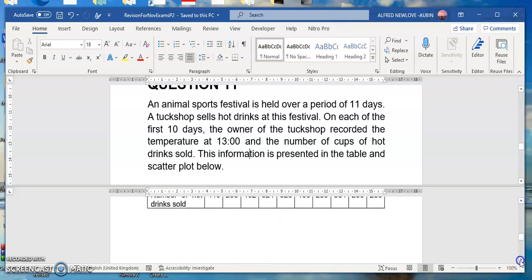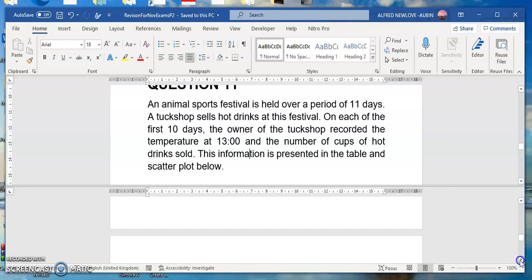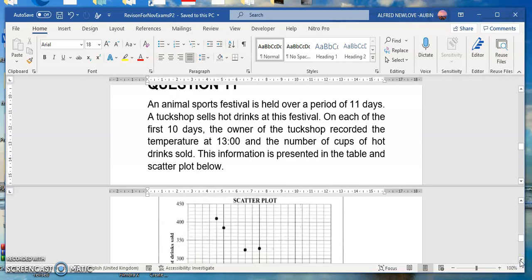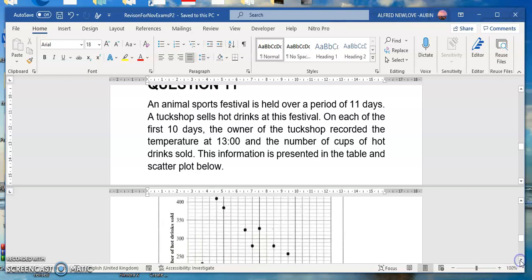Then let's look at the scatter plot. If you check the scatter plot, they have used the table to draw it. So here, this is the scatter plot.